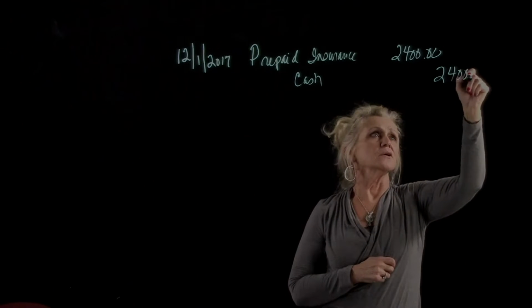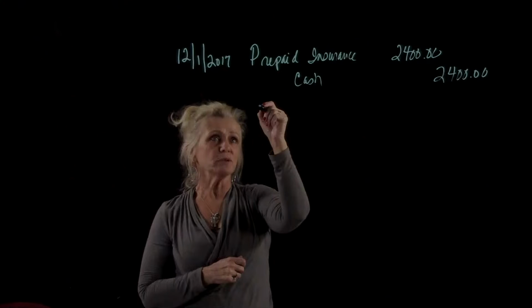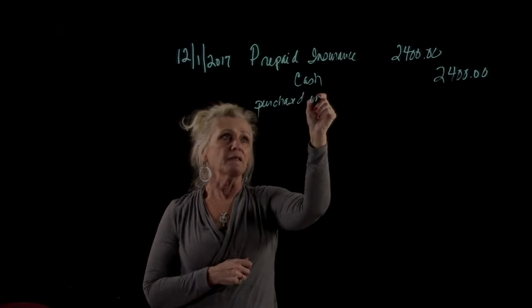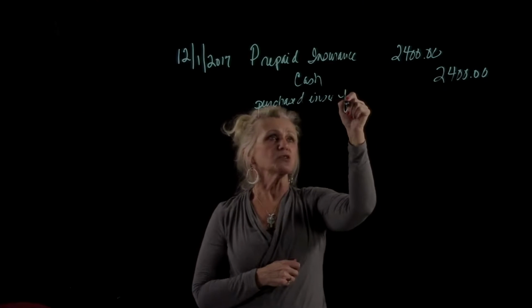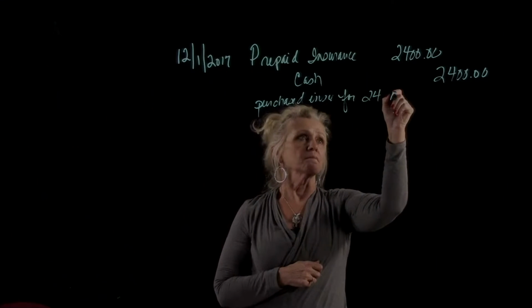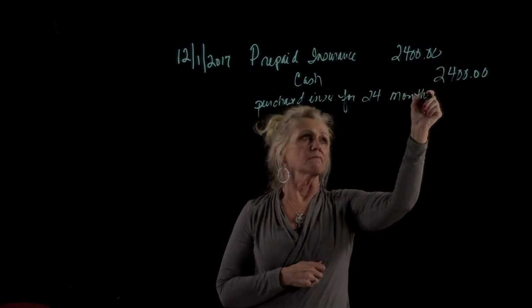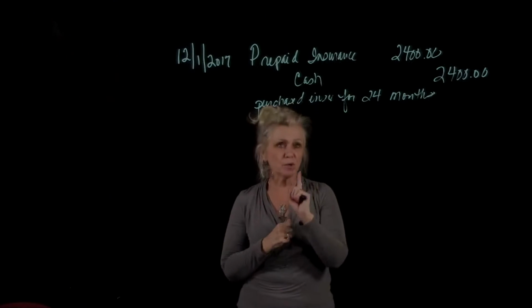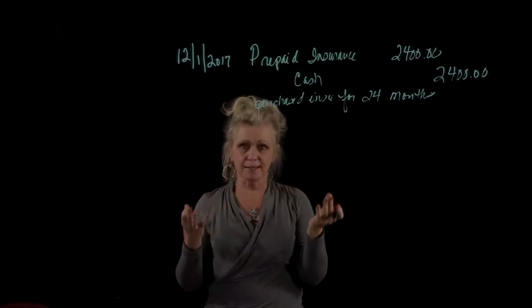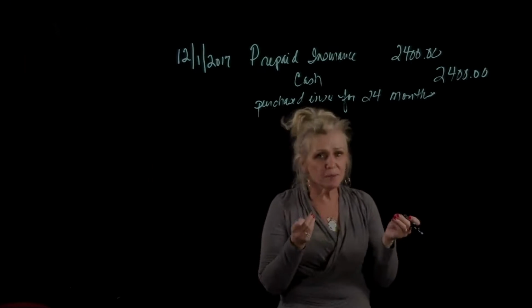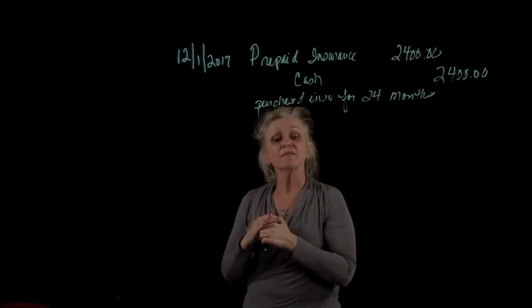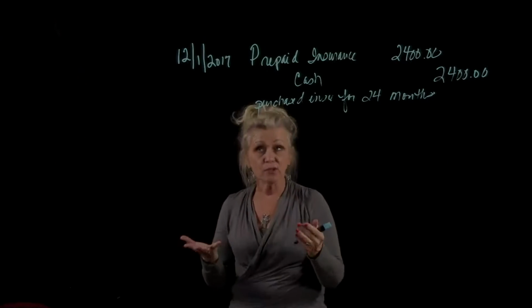So we credit cash $2,400, and the description would be purchased insurance for 24 months. Okay, that is the journal entry. We have prepaid insurance. We know we're going to use 1 month of it. So at the end of the month, you're not going to get a piece of paper that says $100 of this is expired. The management has to make those calculations.